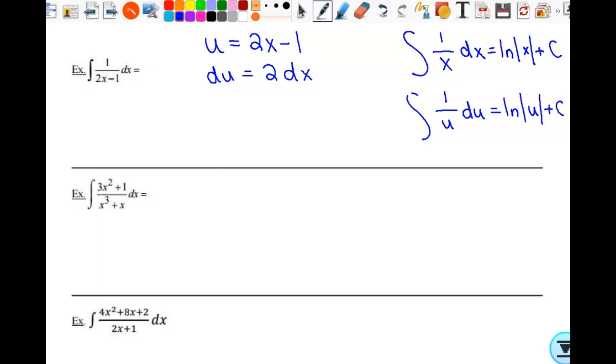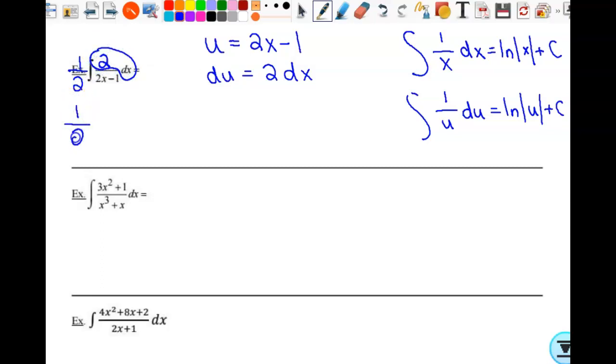We got the dx, we're just missing the 2. We can handle a missing constant. In order to introduce du into this expression, we need a 2. So if we multiply by 2, what do I have to do in the same step? Divide by 2, multiply by 1/2. So the 2 and the dx disappear because they get incorporated in that du.